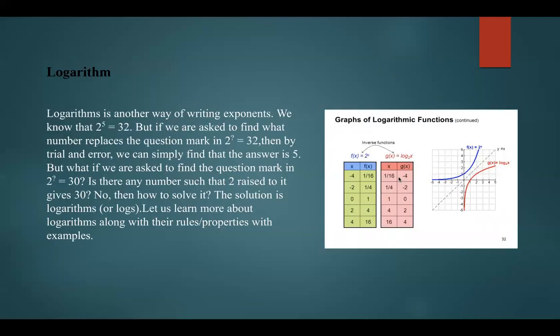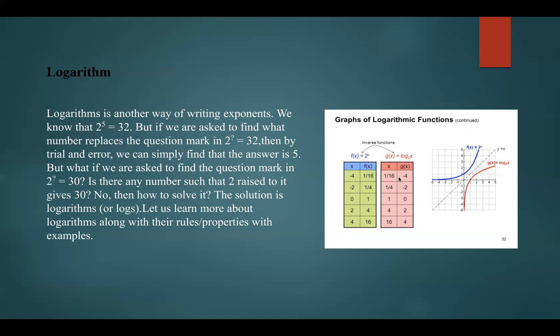And then we should move to logarithm. Logarithm is another way of writing exponents. We know that 2 power 5 equals 32, but if we are asked to find what number replaces the question mark in 2 to the power ? equals 32, then by trial and error we can simply find that the answer is 5.